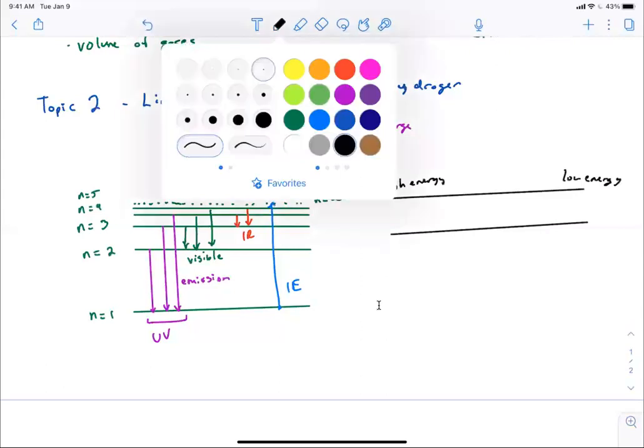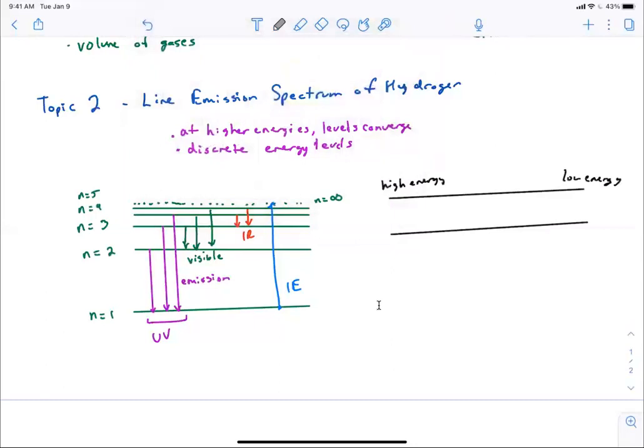And so the emphasis you want to keep in mind is that as you increase jumps, the higher energy does increase, but it converges. So if you're going to reflect this, it's going to be low energy, and then a big jump, and then a slightly lesser jump, and then a slightly lesser jump, but you're still going to increase.